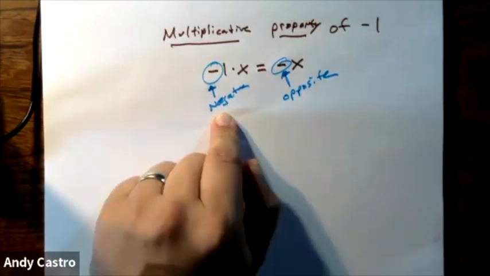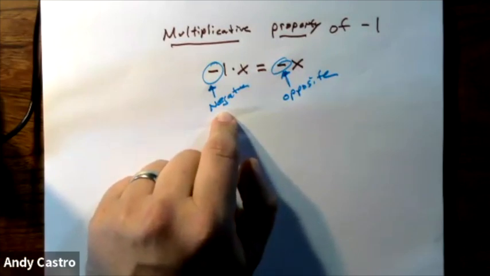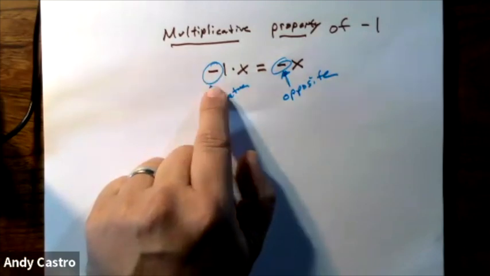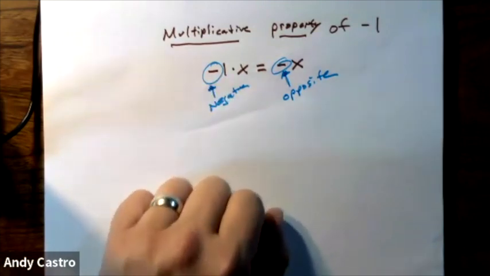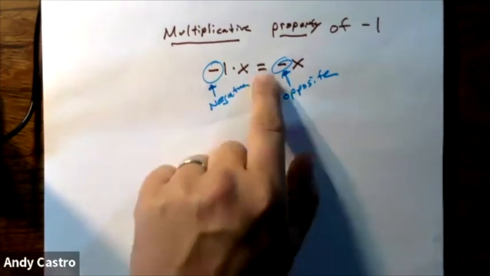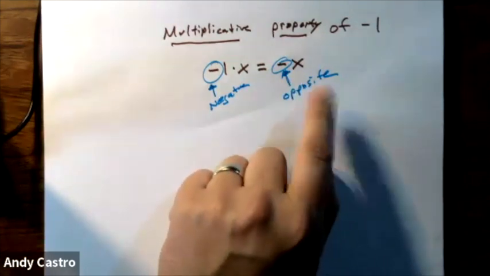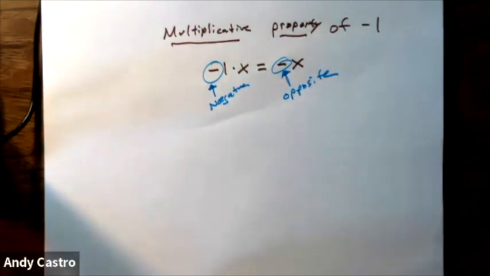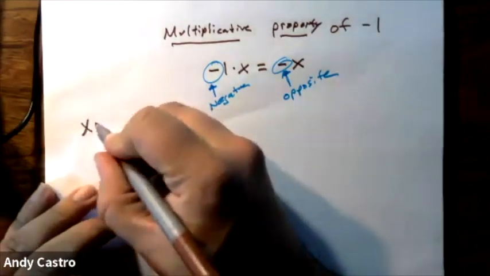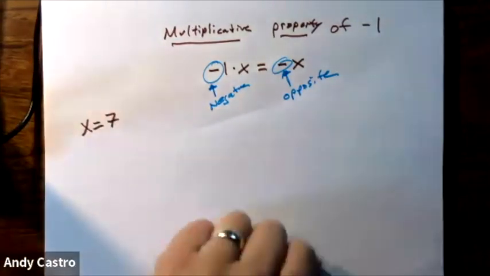If it was like it is right now, super cold outside, let's say it's 1 degree below 0, that would be -1. We would say, hey, it's -1 degrees outside. But if it's in front of a variable, it's better to use the word opposite. Here's why. Let's say that x is equal to 7.